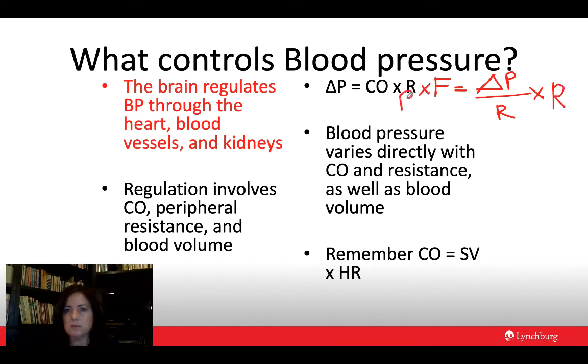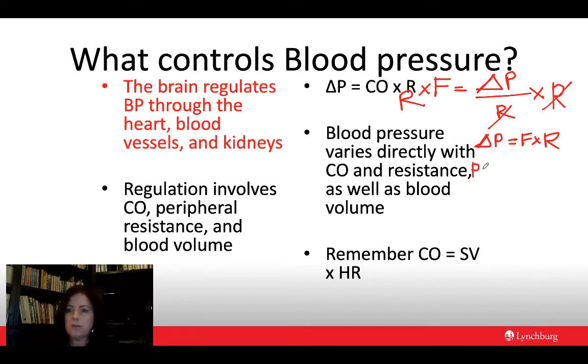These are going to cancel out, and we're left with change in pressure equals flow times resistance. Flow times resistance. And then we can tease that out a little more, because we're just interested in pressure, not necessarily the change in pressure, although it does change.